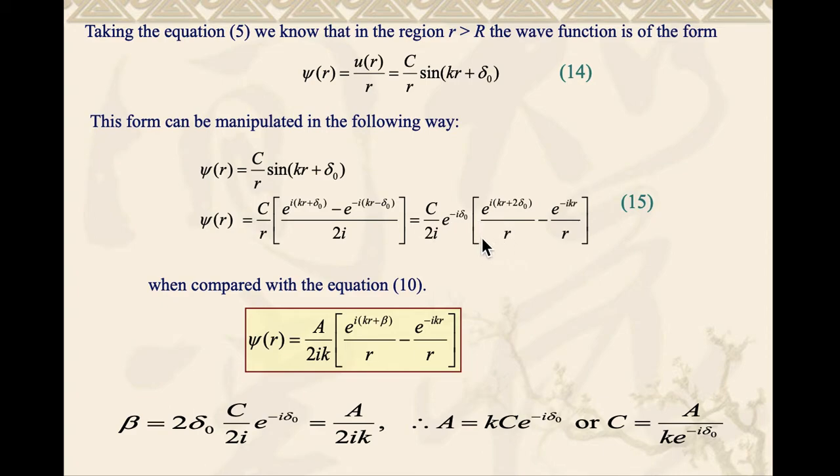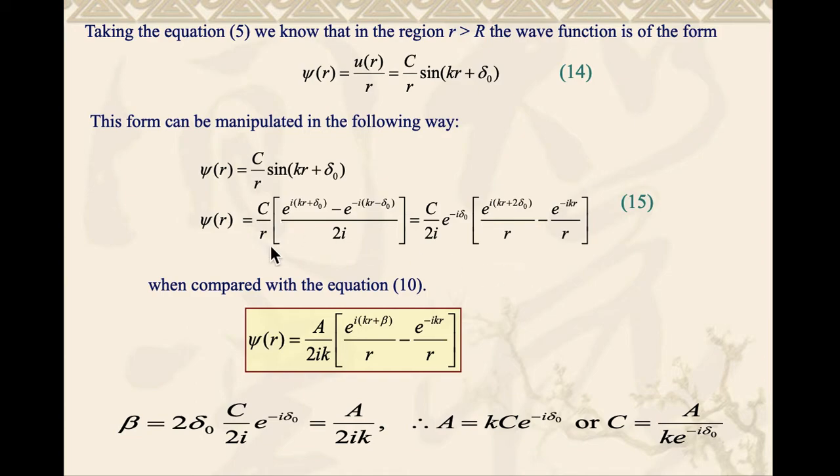So when taking minus i, this product should be i(kr + delta 0). That is why it is e raised to i(kr + 2 delta 0), and here it is e raised to minus i kr, all by r. So you have an equation.